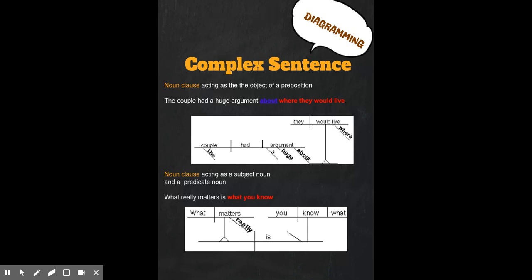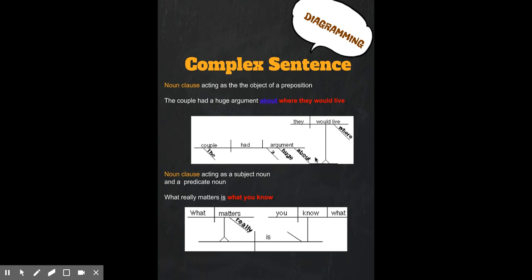Who had a huge argument? The couple did. Thus, the modifier. What's being said about couple? Couple had. What did they have? Argument. That's our direct object. And then what's describing the argument? What kind? Huge. Which? A. And then about is our preposition.